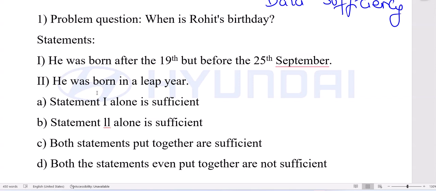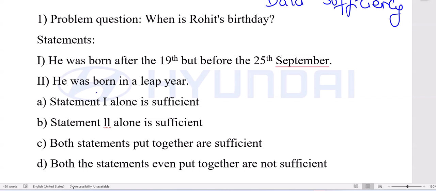They said after 19th, before 25th, there are a lot of possibilities: 20, 21, 22, 23. So no. Next, leap year. So leap year fine, but birthday date we want. Leap year also there are a lot of leap years. So statement one alone, statement two alone waste. Together also not able to find.